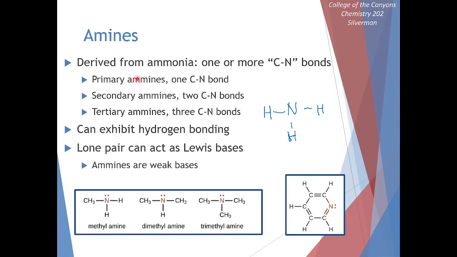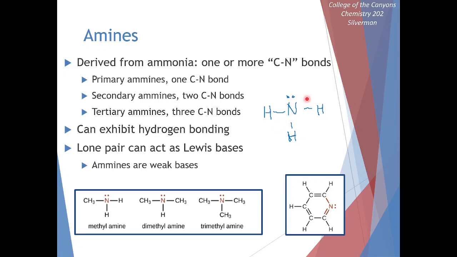We can call these primary amines if we just have one carbon group attached, secondary amines if we have 2 carbon groups attached, or tertiary, meaning 3. Tertiary amines have 3 carbon groups attached. When we have nitrogen, it is going to have 3 bonds and a lone pair.